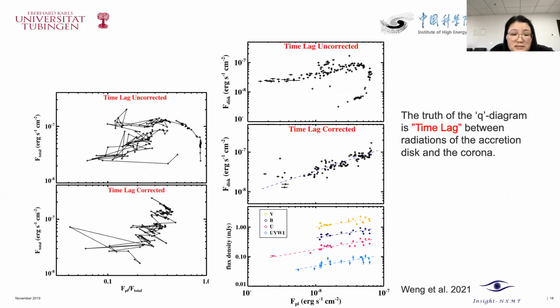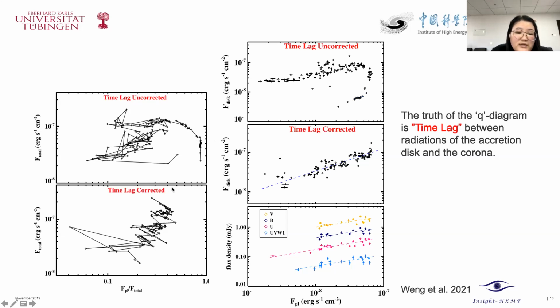This hypothesis can be easily tested by the following two plots. The first one is the total flux as a function of the power-law flux divided by the total flux, the power-law flux ratio. When you plot it like this, it looks like a typical HID diagram, so it shows the Q diagram in this plot.